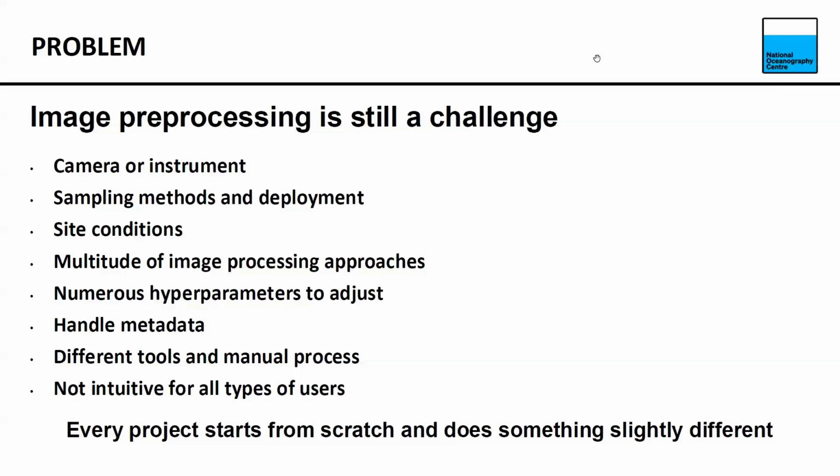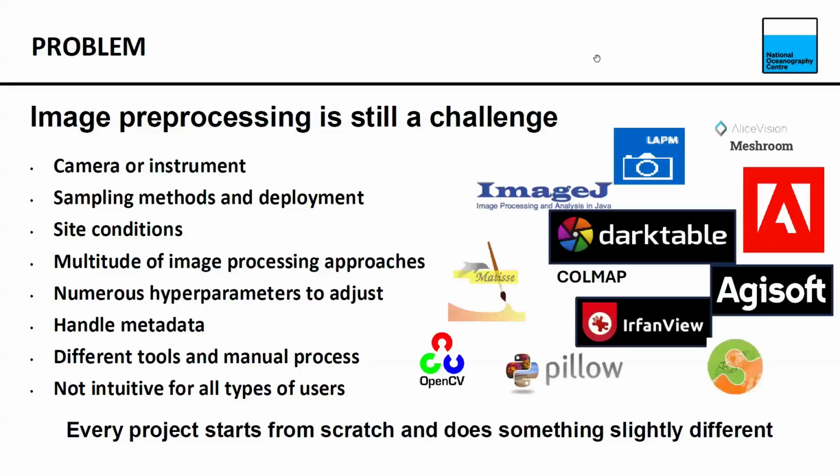The problem is that image preprocessing is a challenge because we have different types of instruments and cameras, different sampling methods, and different site conditions. We have a multitude of image preprocessing approaches, and each approach can have numerous hyperparameters to adjust. We need to handle metadata. We have different tools and manual processing; these are just some examples of tools.